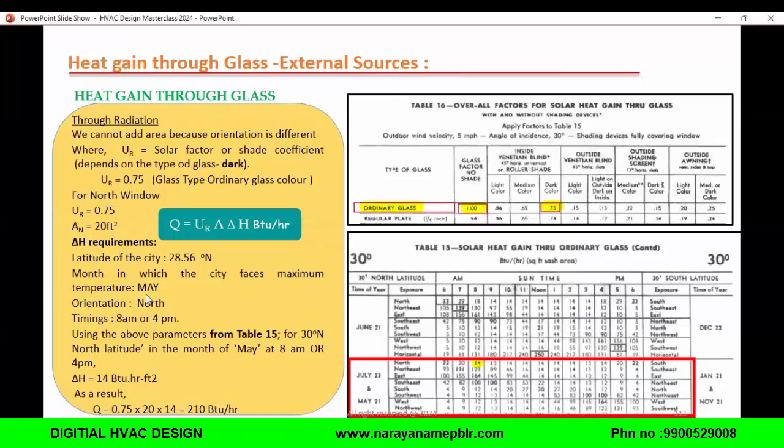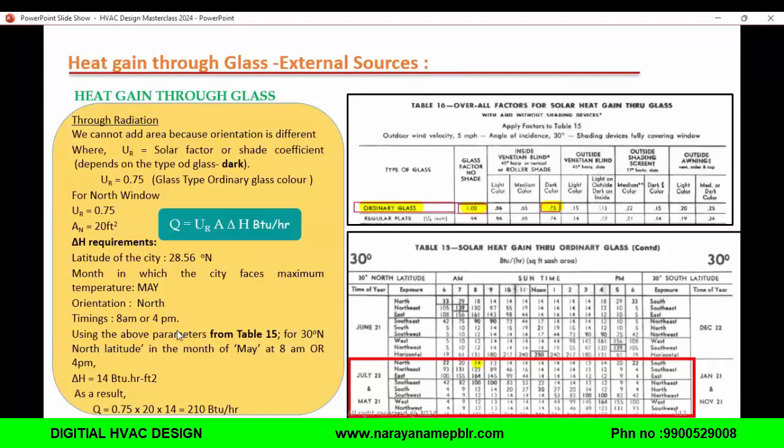Latitude, longitude, all these things you have to find out. Another thing, we have to find out the delta H here. In case of radiation, instead of delta T, it will be delta H. Delta H we will find from the orientation.